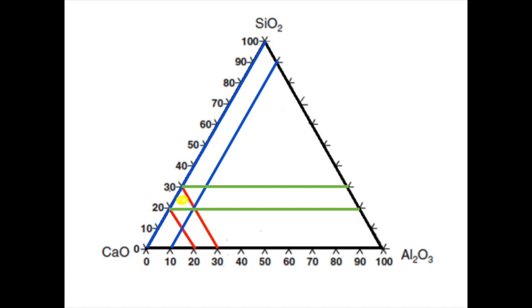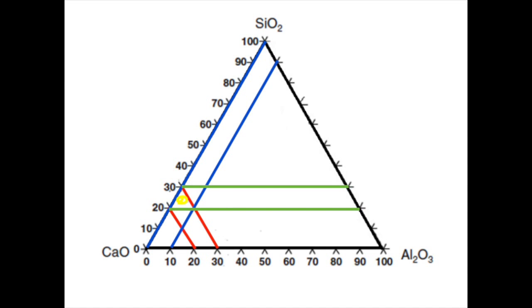So on the left side of the triangle, we're going to line up, in those red lines, the percentage of silicon dioxide that it has. So the 20 to 30 go diagonally downward to the right. On the axis horizontally at the bottom, it represents the percentage of aluminum oxide.